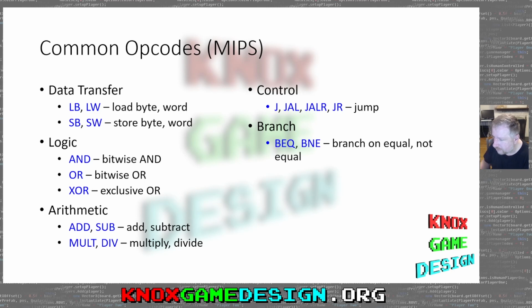You got your logic, your arithmetic. In MIPS, you have both add and subtract. I think implicitly you can probably do subtract using 2's complement if you don't have a subtract opcode like in 6502. But in MIPS, they do provide a subtract, and it also has MULT for multiply and DIV for divide.